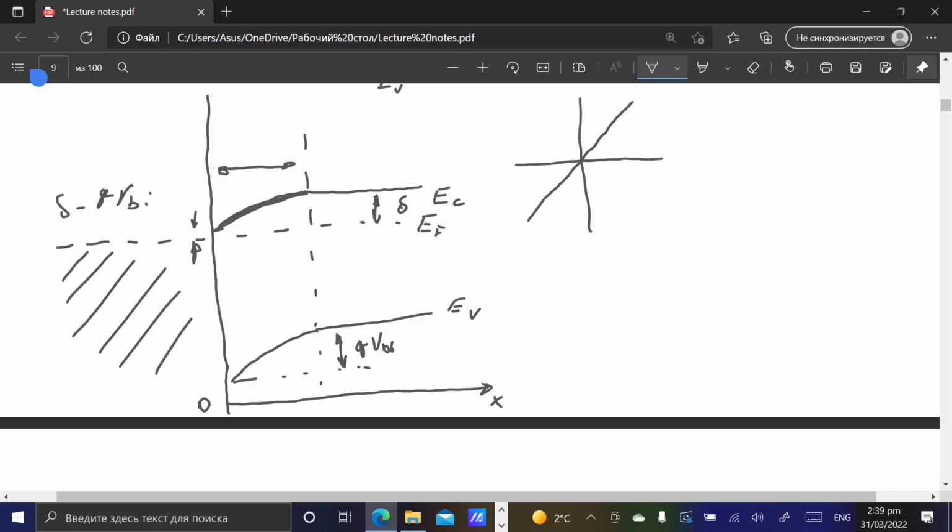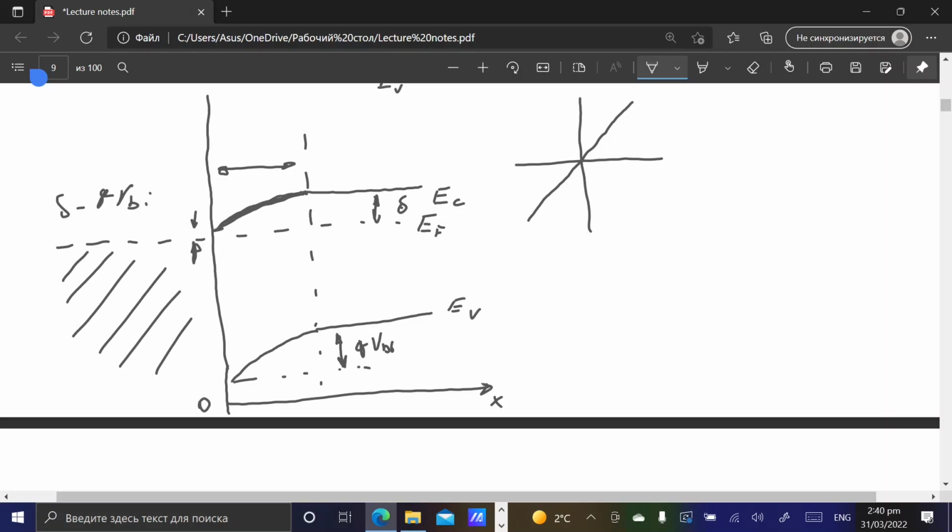However, we need to remember the features of this interface, the fact that we have band bending at the interface. That should be taken into account when we derive equations for surface recombination. Also, at the surface, not the bulk, we need to operate not with bulk concentration of defects or impurities, but with surface concentration, meaning per square centimeter, not per cubic centimeter.